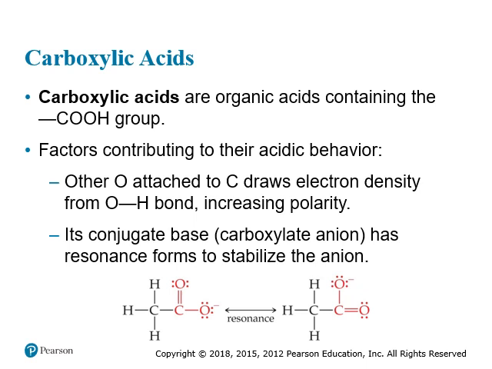That oxygen tends to draw electron density away from the OH bond, which increases the polarity of that bond. Also, the conjugate base, or the carboxylate anion, tends to have resonance forms that stabilize the ion itself.